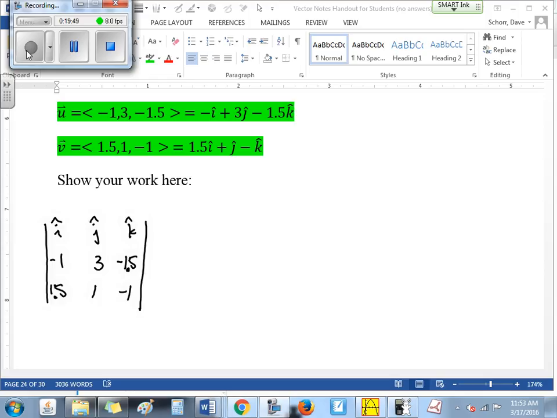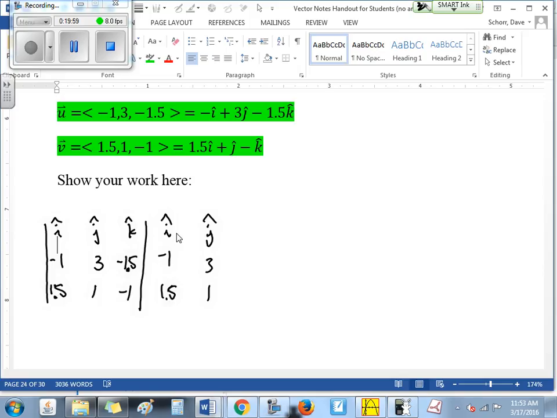So we set it up, i j k, copy the first 2 columns. Okay, draw the lines. We'll do blue and red. So we'll do red first. Negative 3 i hat, negative 2.25 j hat, these get added, so you can just preserve their signs.